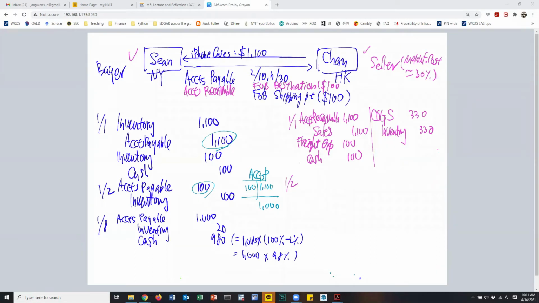Chen receives the defective inventory. So he or she needs to increase inventory by 100. And what else?